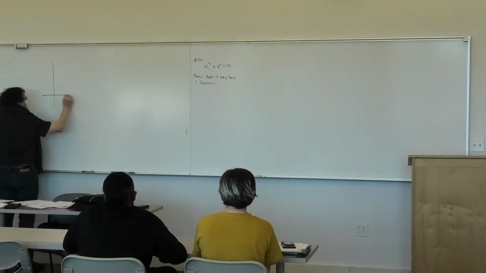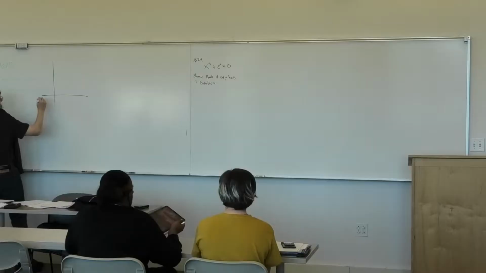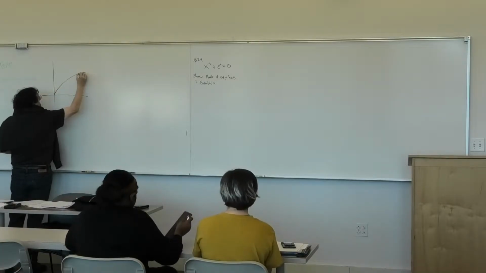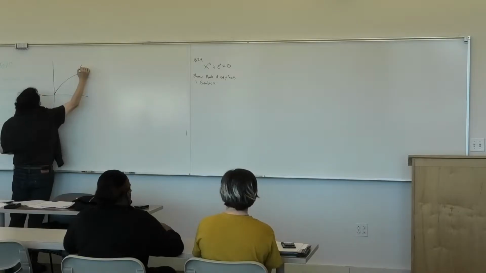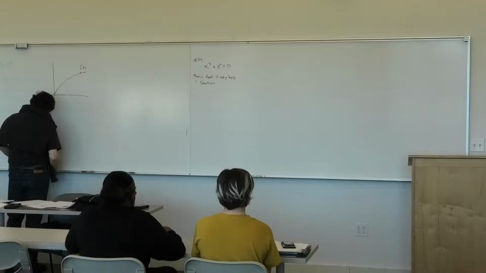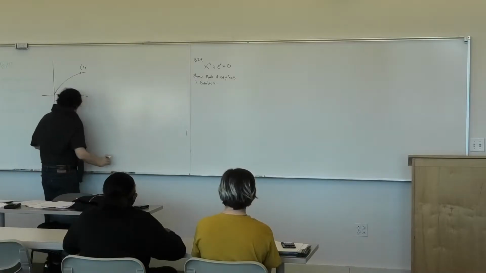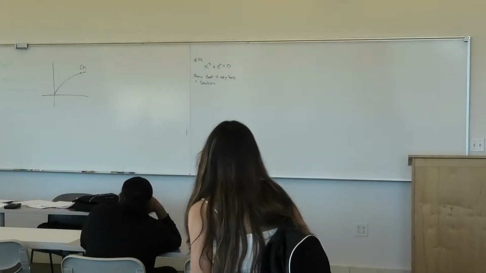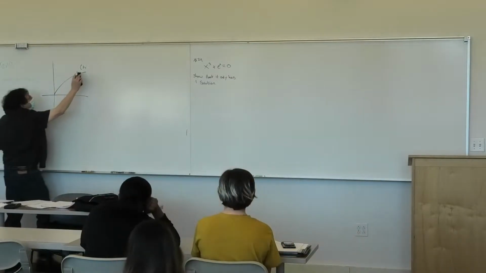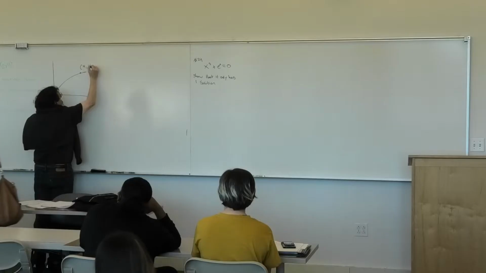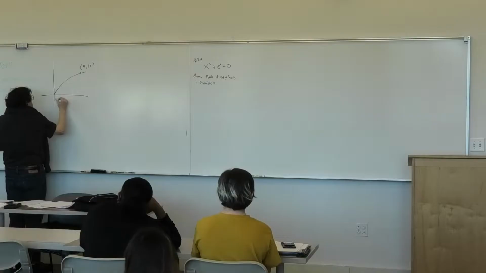You don't need to do this, but the square root of x kind of looks like this. It's going to be 4, 16, and 0, 0.